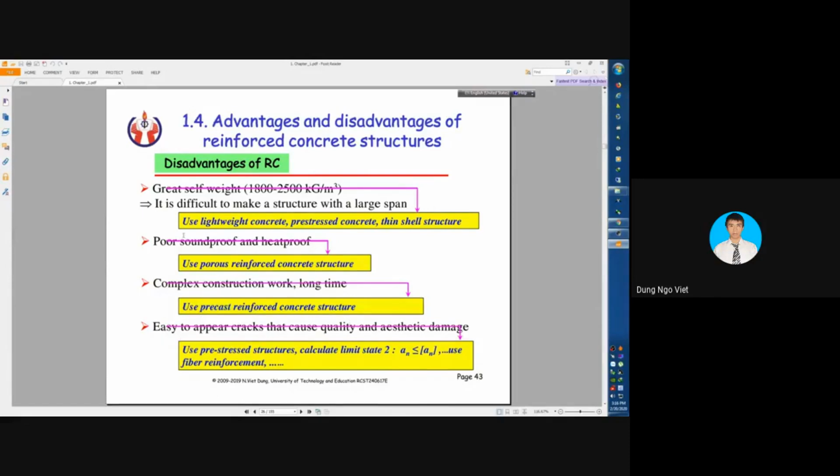The final disadvantage of reinforced concrete structure is that it is easy for cracks to appear, and the cracks will cause quality and aesthetic damage. So in that case, we will use pre-stressed structure, or we calculate the limit state to limit the width and the length of the cracks, and we use fiber reinforcement.